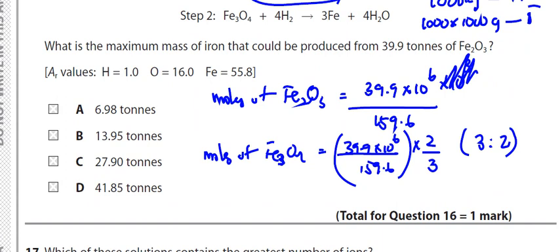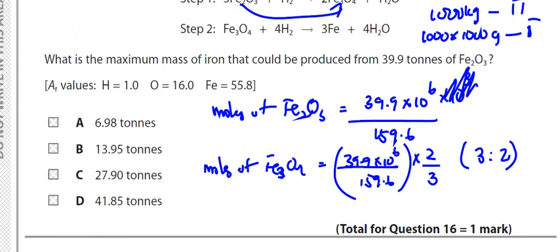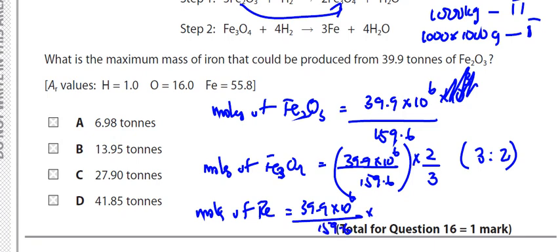We've found the moles of Fe3O4, and now you can find the moles of the Fe. You multiply this by 3, because it's a 1 to 3 ratio. So moles of Fe is 39.9 times 10 to the power 6 divided by 159.6, times 2 times 2 over 3, multiplied by 3.